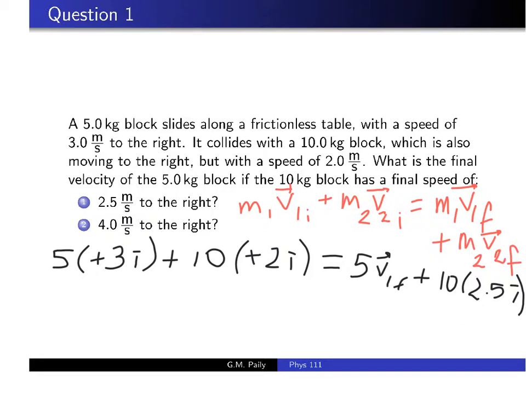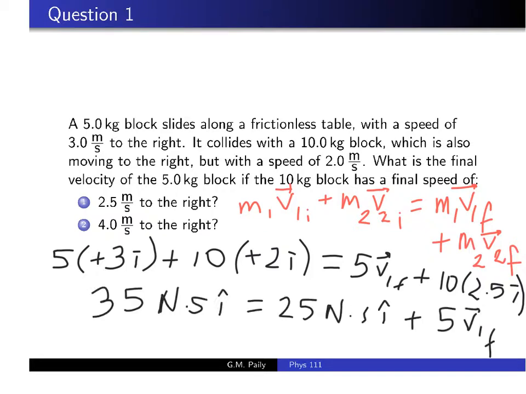Alright, simplifying, we get 35 Newton seconds I hat on the left hand side, and this term simplifies to 25 Newton seconds I hat. So solving for V1 final, we see that V1 final in the first case is 2 meters per second I hat. So the 5 kilogram block continues on to the right at 2 meters per second, a slower speed.